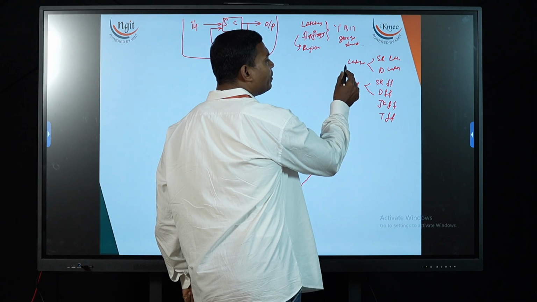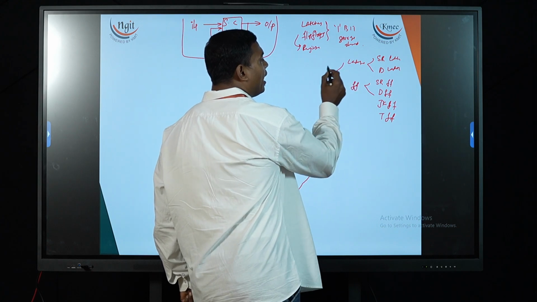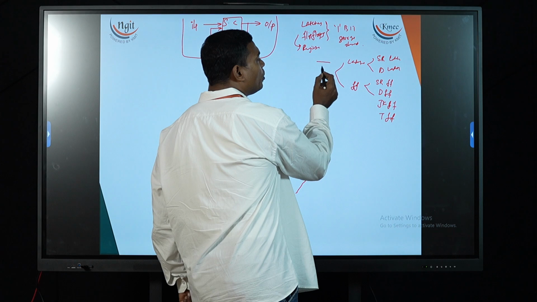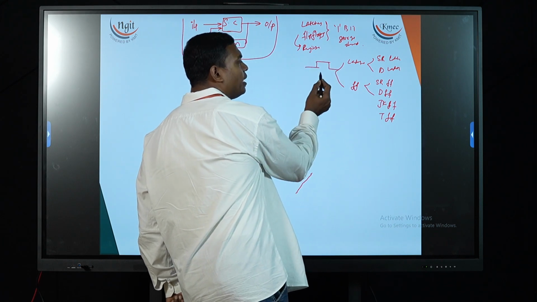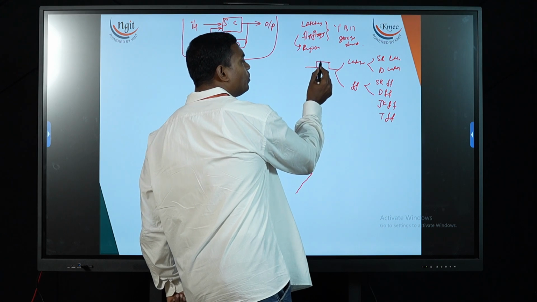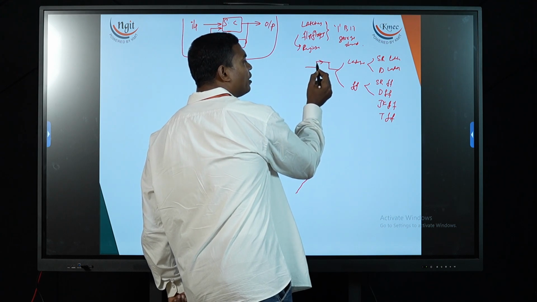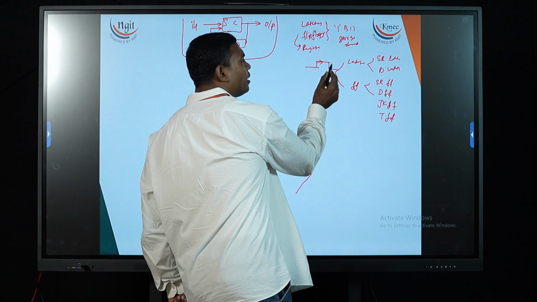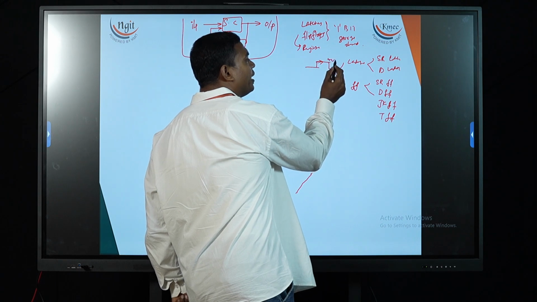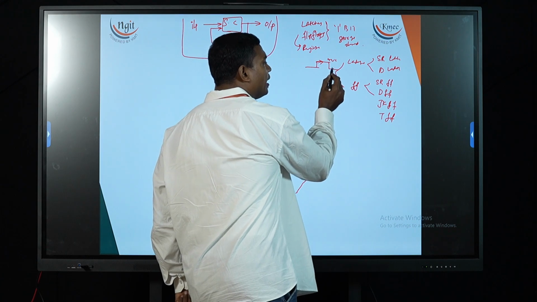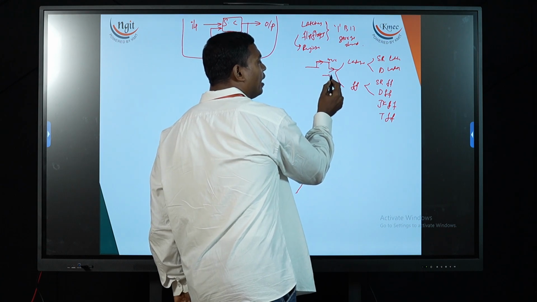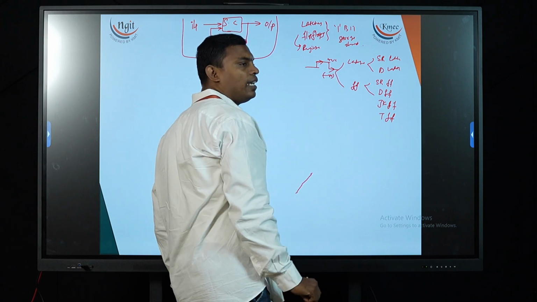What makes the difference between latches and flip-flops is that latches are level triggered, meaning they trigger only at levels. If it is triggered at the high level, it is called a positive level triggered latch. If it is triggered at the low level, it is called a negative level triggered latch.